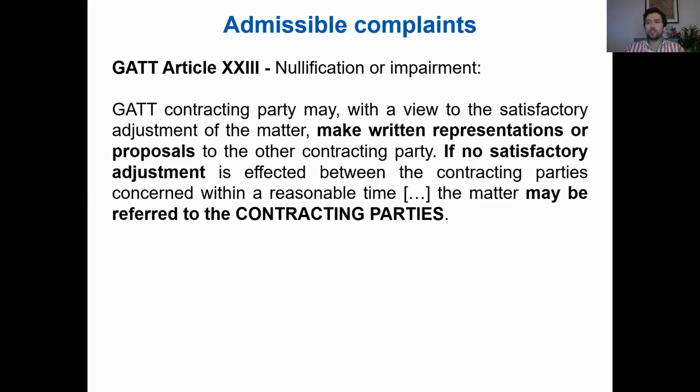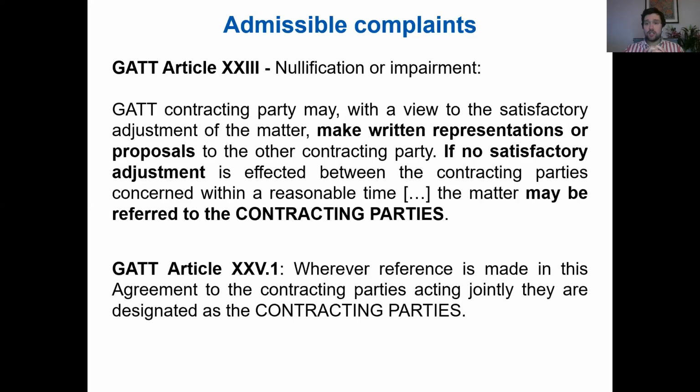How do we understand this term contracting parties in capital letters? You might have noticed that throughout the text of the GATT, sometimes you would see these capitalized contracting parties, and it is explained in Article 25.1. It says, wherever reference is made in this agreement to the contracting parties acting jointly, they are designated as the CONTRACTING PARTIES in capital letters.